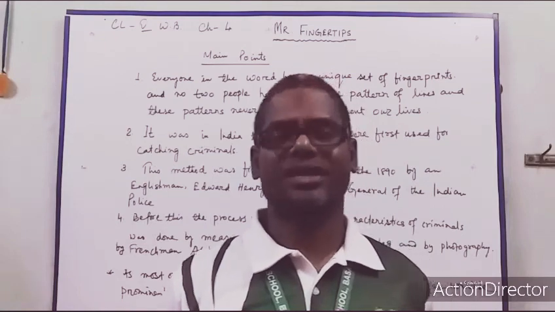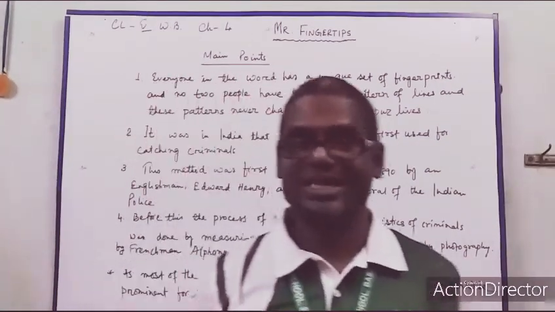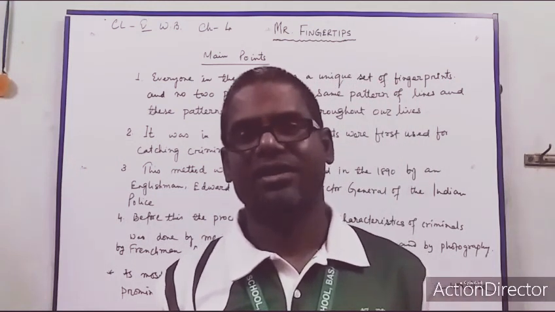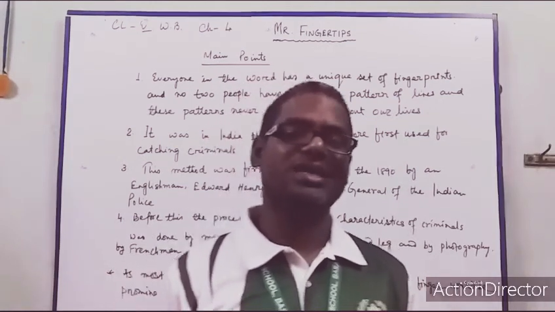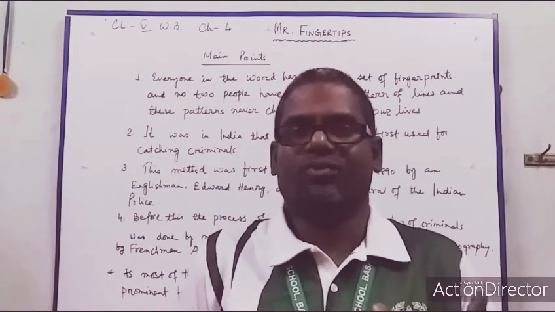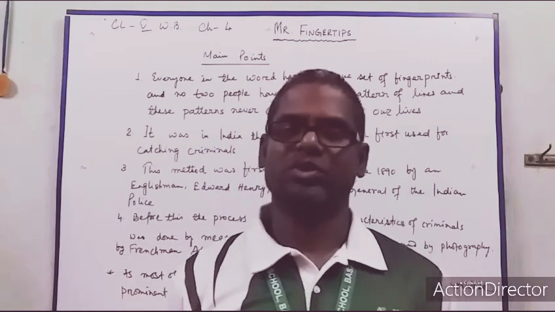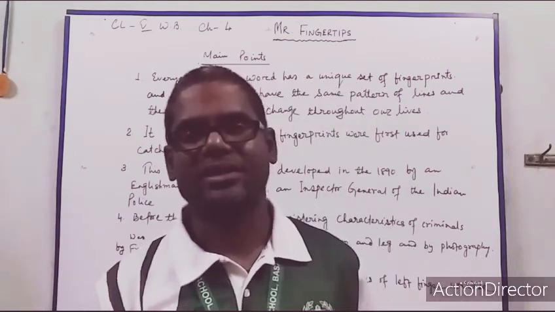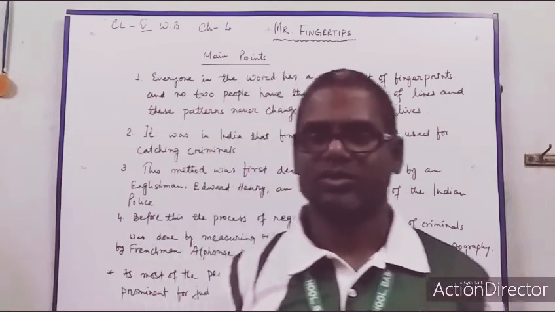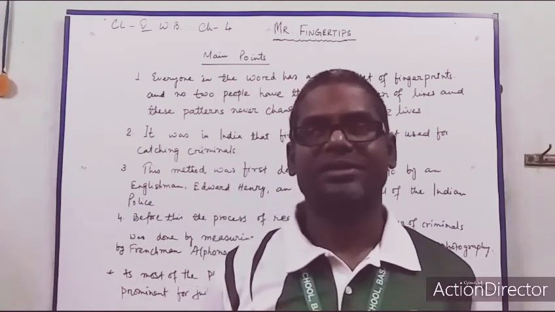They are not so prominent, and the left hand is not used so much. So the ridges of the left hand will be sharper than the right hand. So it will be easier to find out the difference of ridges between the criminals, and it will be easy to take a photograph of fingerprints. So for this reason, the fingerprints are taken from the left hand thumb.